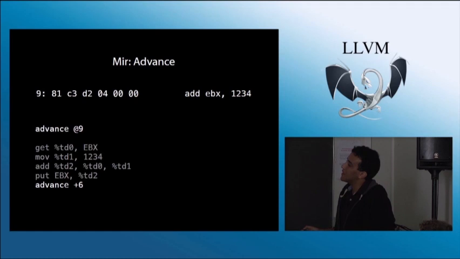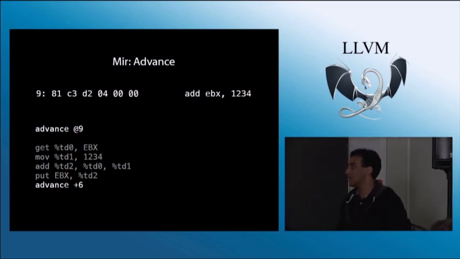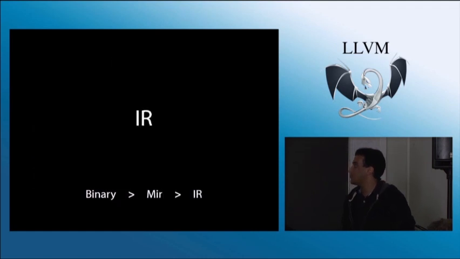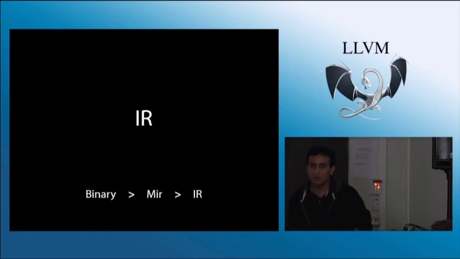We just do advance at 9 to set the start offset. Then we see that the add has 6 bytes, so we advance plus 6. This enables us to handle the program counter easily, so we don't have to do the calculations by hand. At this stage, what we have is quite close to IR. We have most of what we need to create the semantics from the IR level semantics.